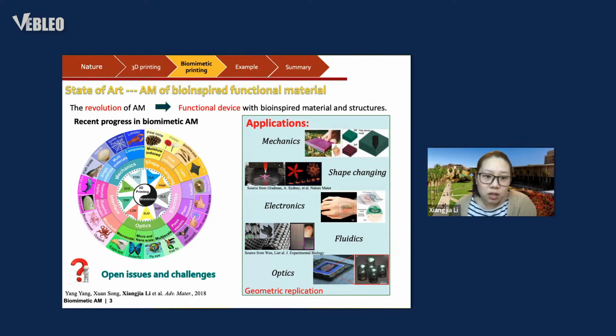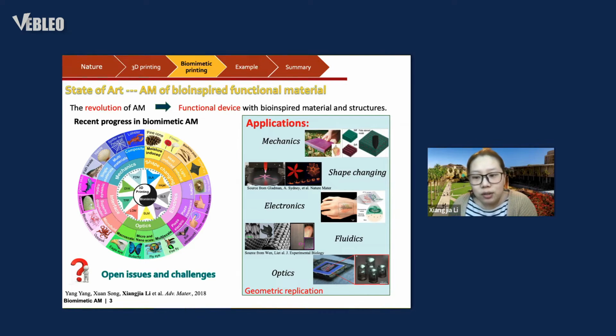So we have a review paper on the recent progress in biomimetic additive manufacturing. Based on the 3D printed bio-inspired material and structures, a lot of interesting applications have been developed in each field, such as optics, shape changing, electronics, mechanics, fluidics.